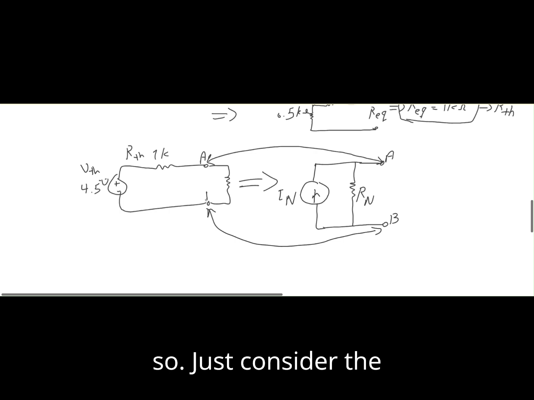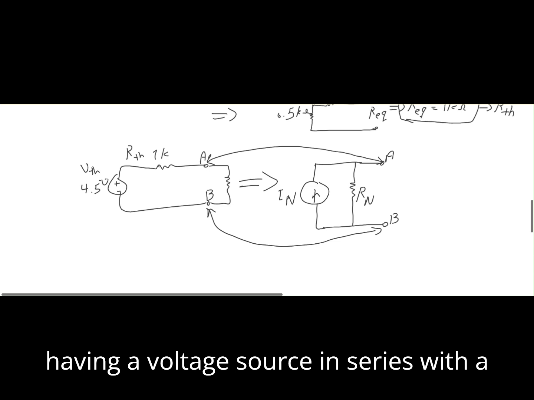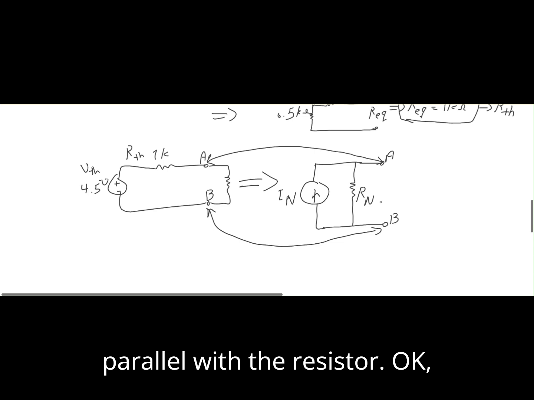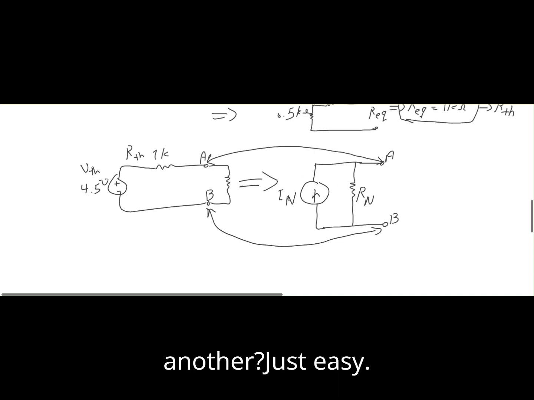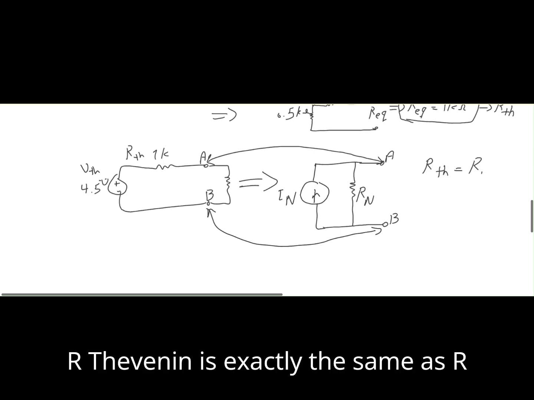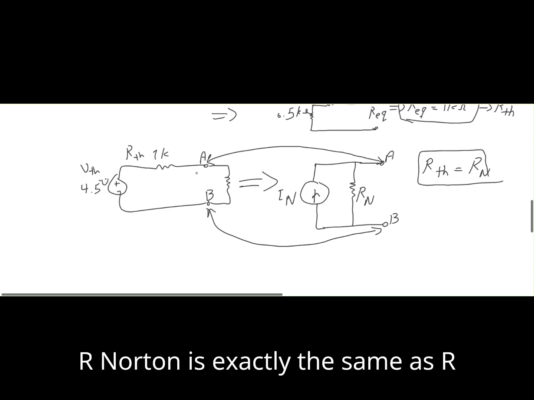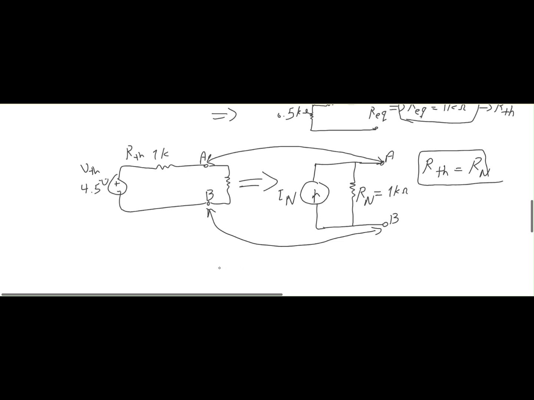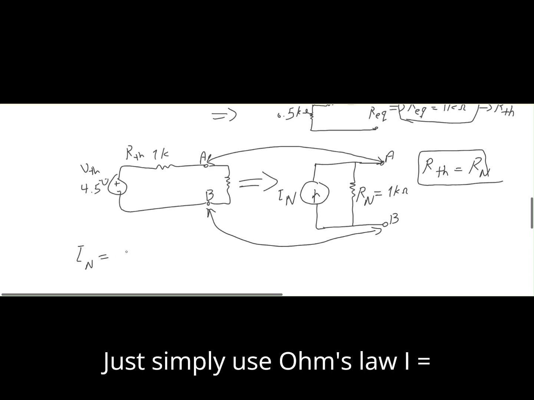This is the same port A and port B. Just consider the same point, but this time instead of having a voltage source in series with a resistor, I have a current source in parallel with the resistor. Okay, how do we calculate one from another? Just easy. R Thevenin is exactly the same as R Norton. So R Norton is exactly the same as R Thevenin, which is 1 kilo ohm. How can I calculate I Norton? Just simply use Ohm's law.